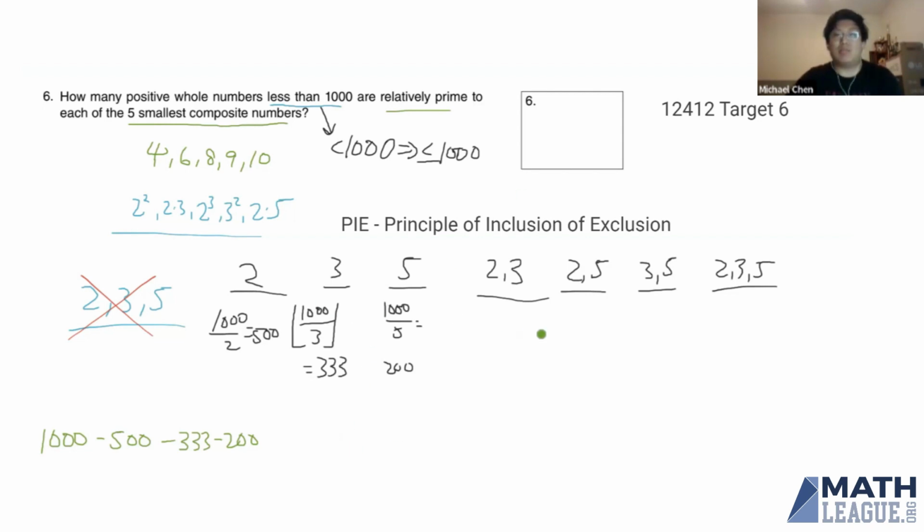Why is that? That's because when we take out the numbers divisible by 2, 3, and 5, we double count the numbers that are divisible by, say, 2 and 3, 2 and 5, or 3 and 5.